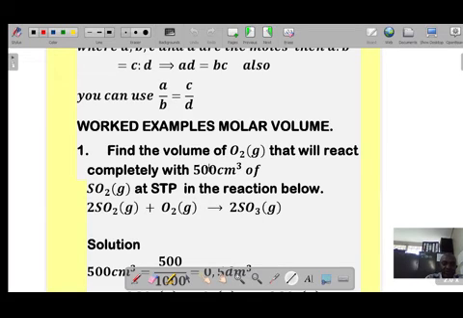Find the volume of oxygen. You need the volume of oxygen that will react completely with 500 cubic centimeters of sulfur dioxide, in this equation here. Okay, now check this out, guys.